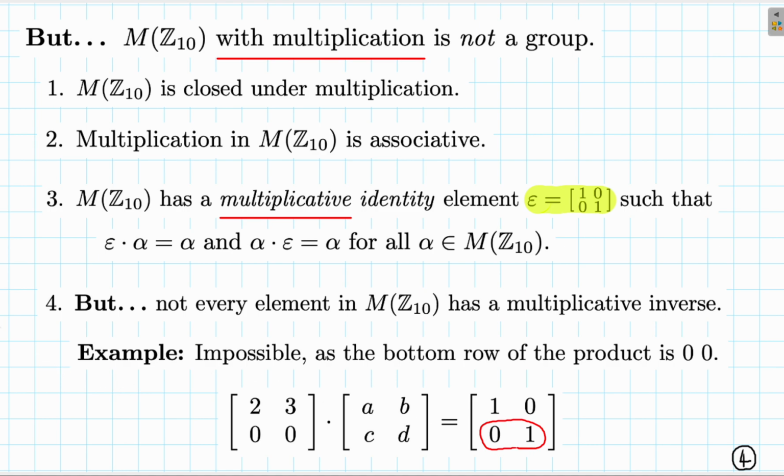And so this is impossible. Therefore, the matrix 2, 3, 0, 0 does not have a multiplicative inverse, and that property fails, unfortunately. And thus, M of Z10 is not a group with multiplication.